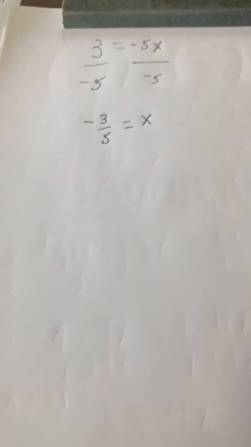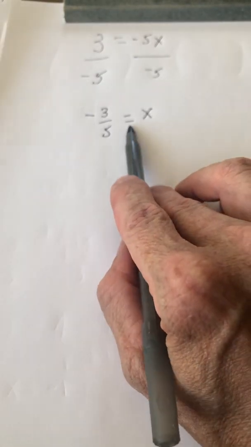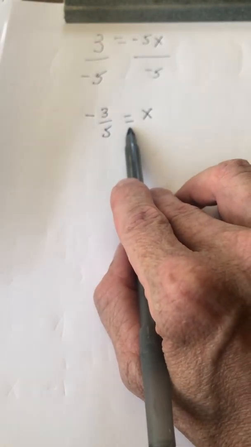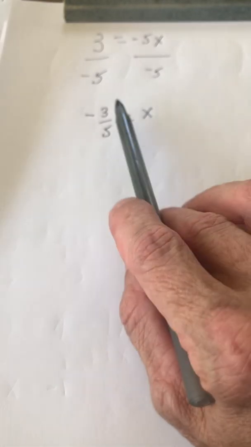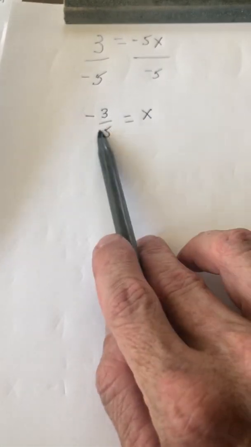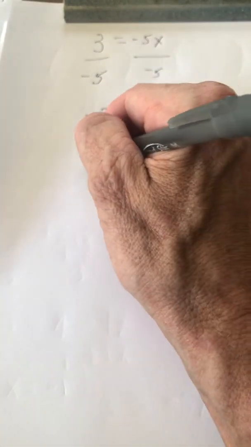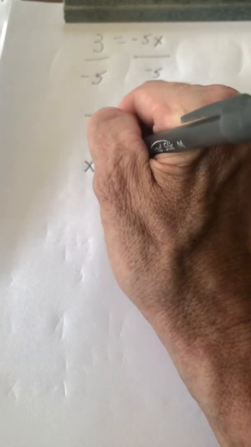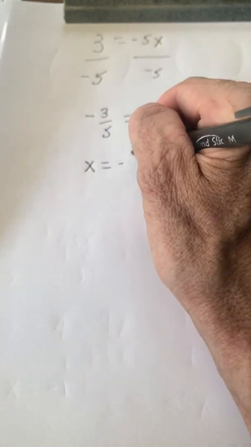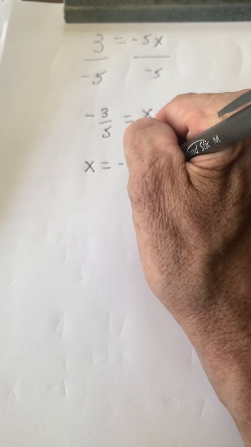Now, one property of equality that you might know about is you can interchange the sides of the equation. So this is the same thing as saying x equals negative 3/5.